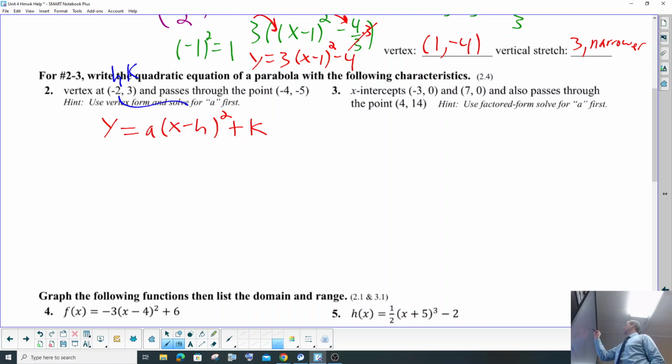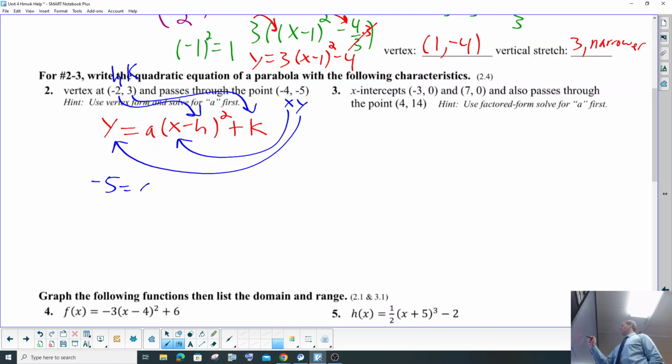So negative 2 is going to go here, and 3 is going to go here. This is our xy. So our x is going to go here, and our y is going to go there. So we get negative 5 is equal to a times negative 4 minus negative 2 all squared, plus our k value, which is 3.